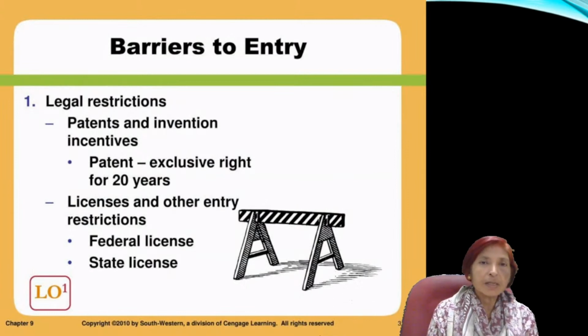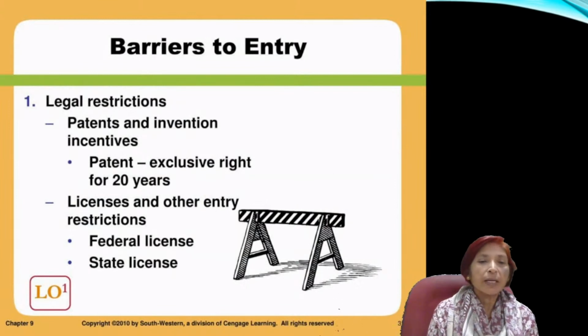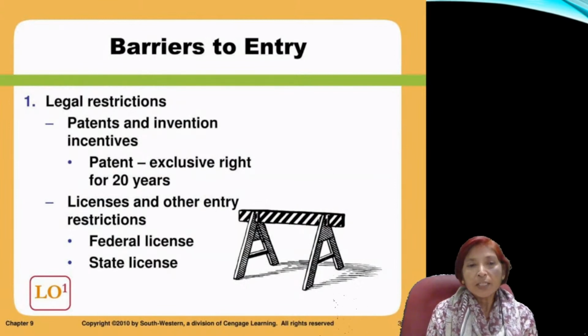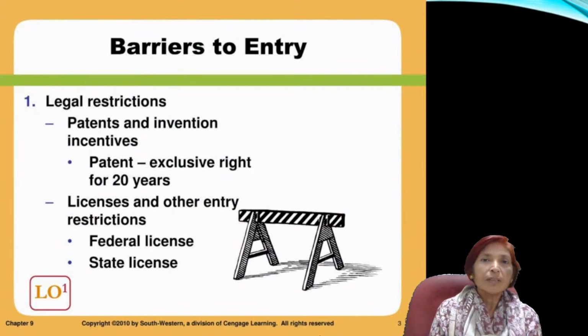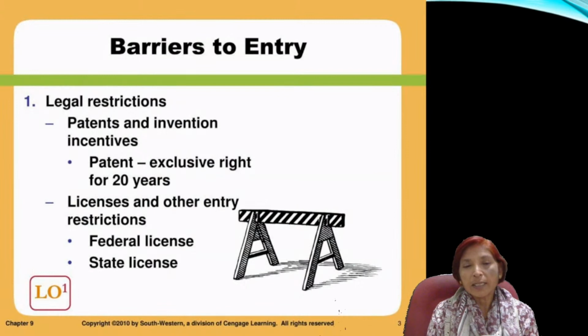Legal restrictions are like patent rights and invention incentives. Patent right is exclusively the right for 20 years. If anyone invents or discovers new things, then he can apply for patent right. And if he gets that patent right, that right is exclusive right.